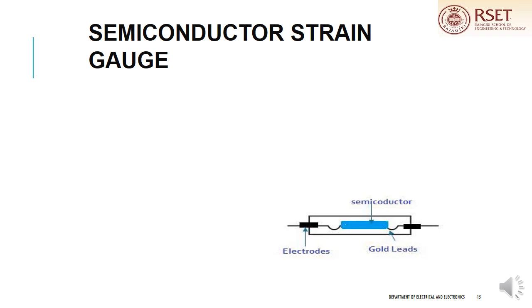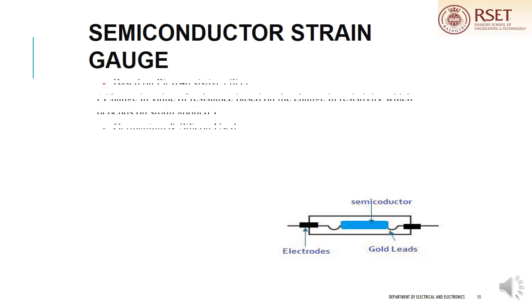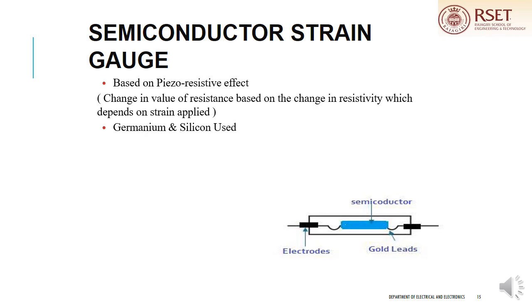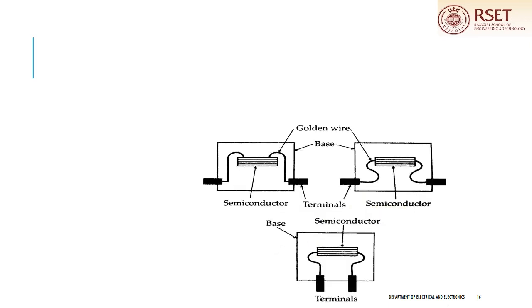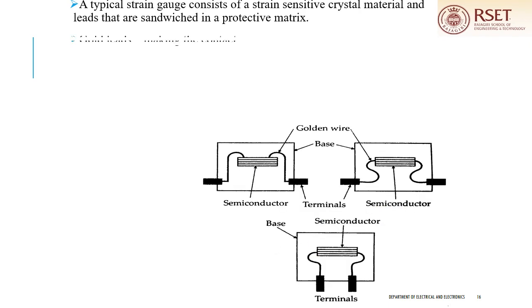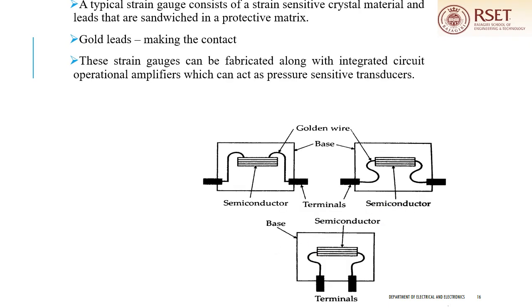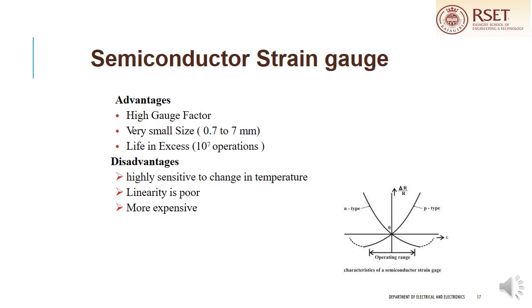Piezoresistive effect, we have already seen, is the change in resistivity causing the change in the resistance. Now, the materials used in semiconductor strain gauges are germanium and silicon. You may also go through the advantages and disadvantages of the semiconductor strain gauge.